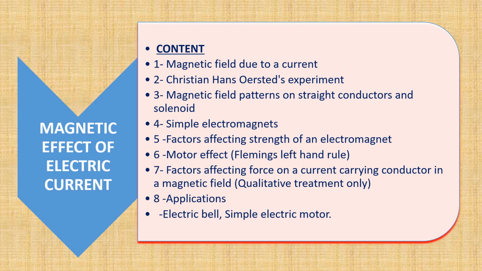Since this topic is wide, we are only going to deal with the first 3 points in our lesson today. That is magnetic field due to a current, Hans Christian Ørsted's experiment, and magnetic patterns on a straight conductor.